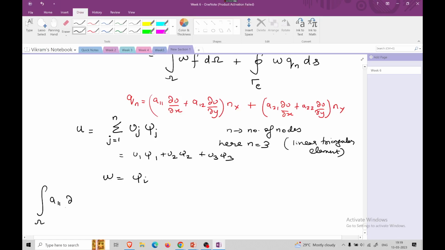A11 dou by dou x of summation j is equal to 1 to n uj psi j into dou psi I by dou x.